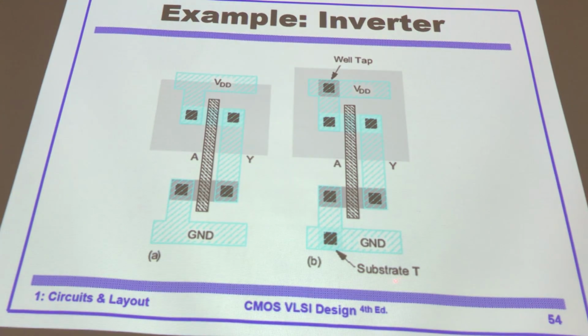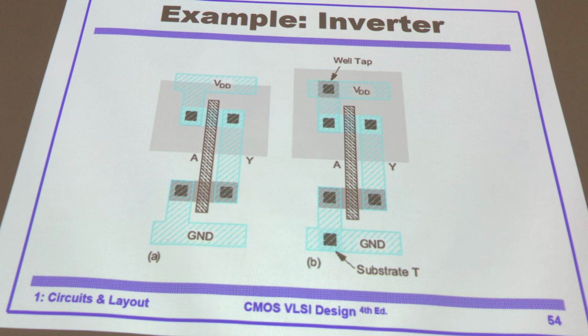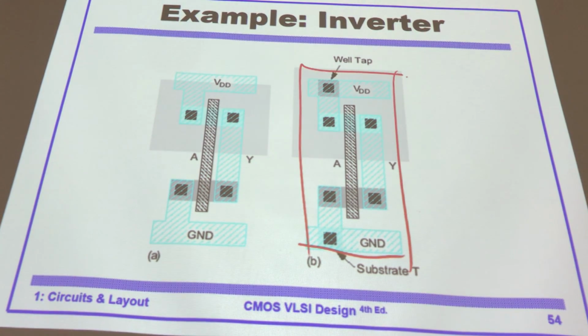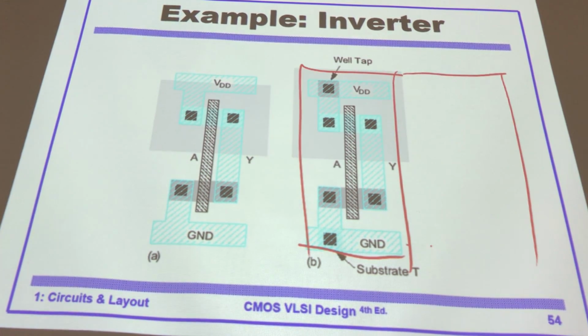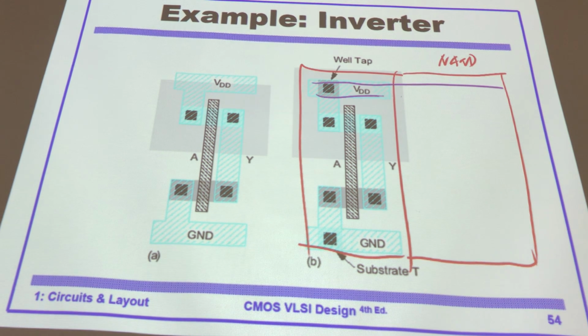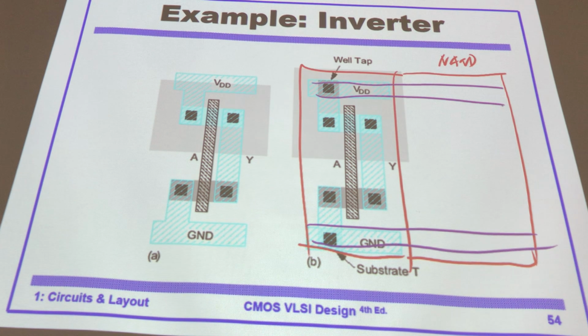This includes the substrate tap or well tap. The neighboring cell may be the NAND gate, for example. You should try to make the cell height the same, such that they can abut together. And in the meantime, your VDD will run across different cells.